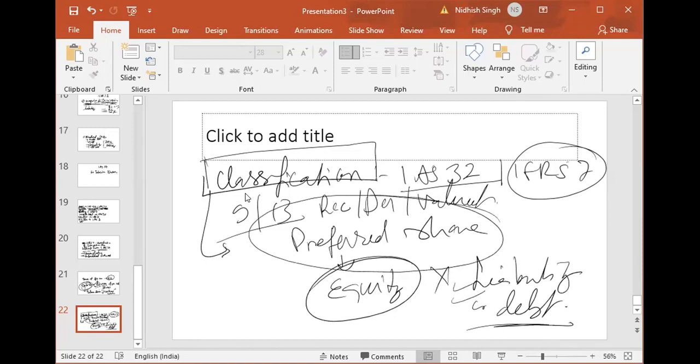So suddenly your equity converts into debt, isn't it? Big difference. So the classification can be different. Your entire balance sheet and P&L can go upside down if you convert from one accounting standard to IFRS.